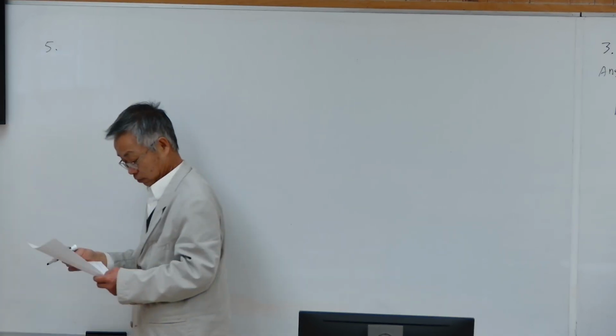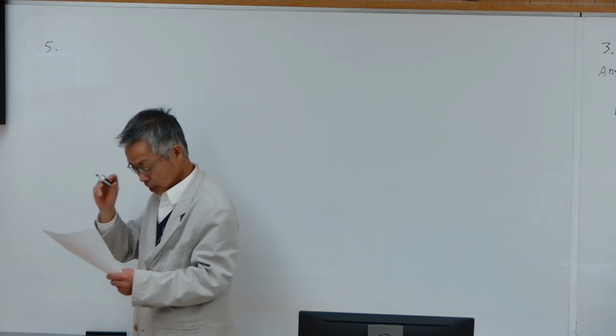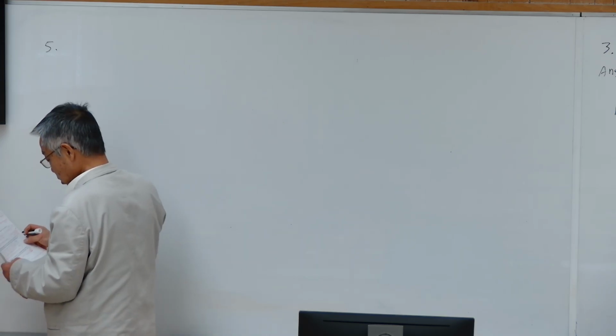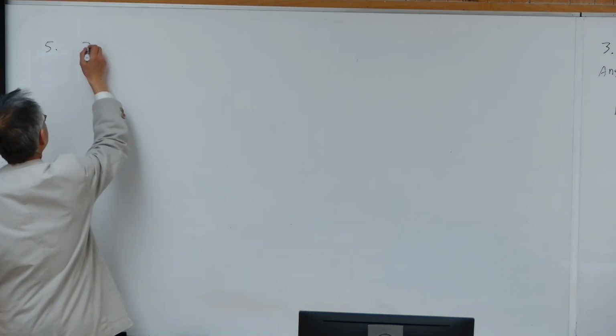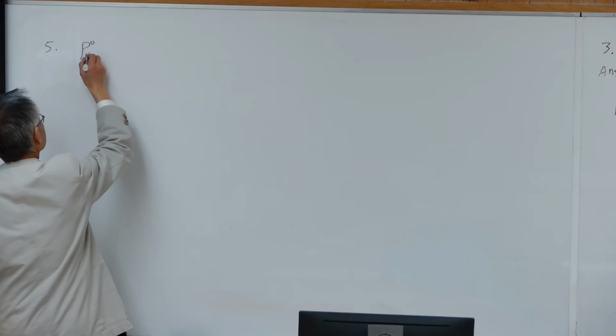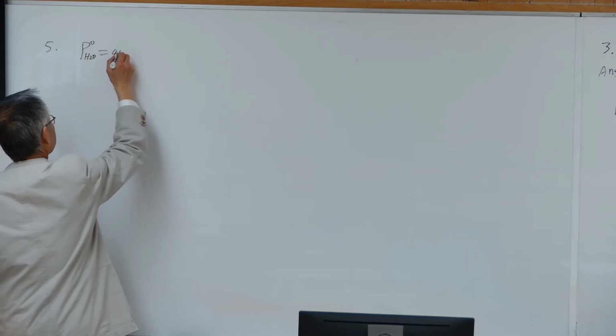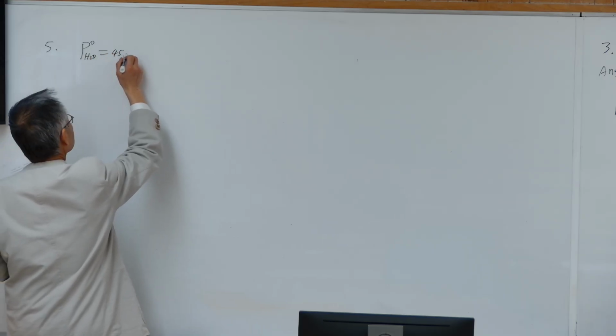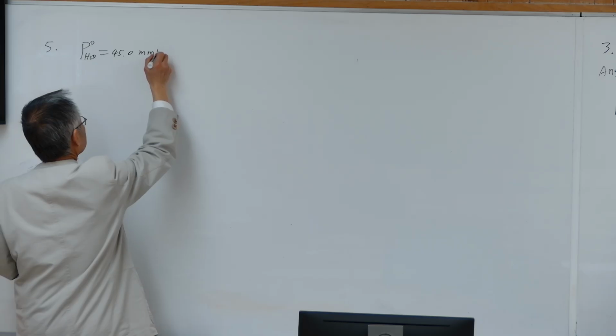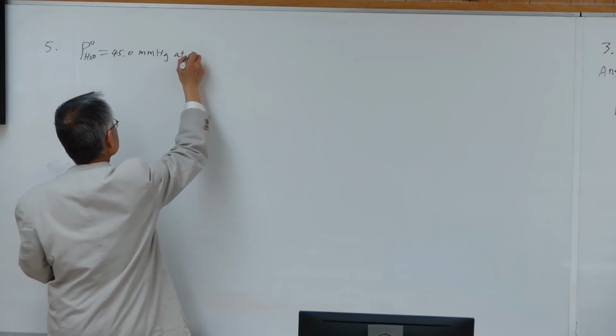Question 5. Here, the vapor pressure of pure water is 45 millimeters of mercury at 37 degrees Celsius.